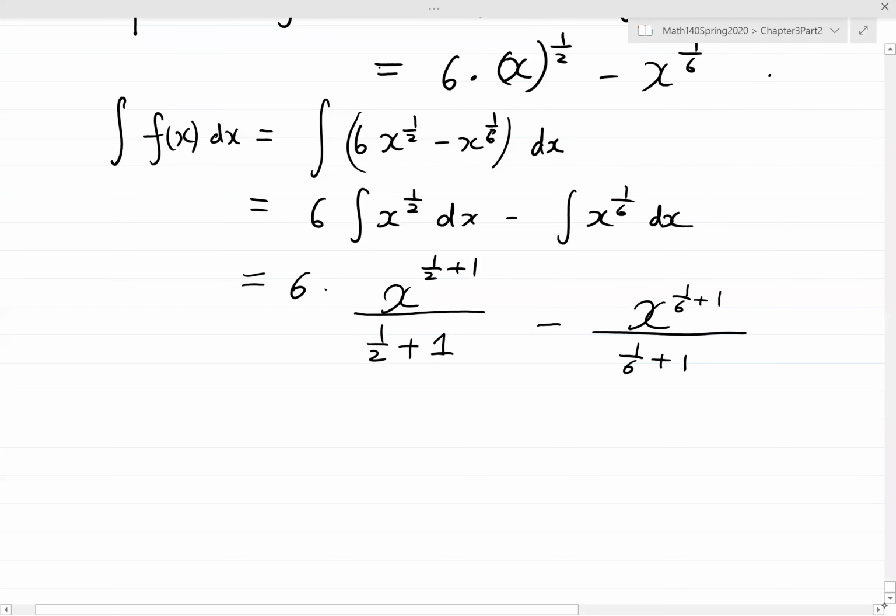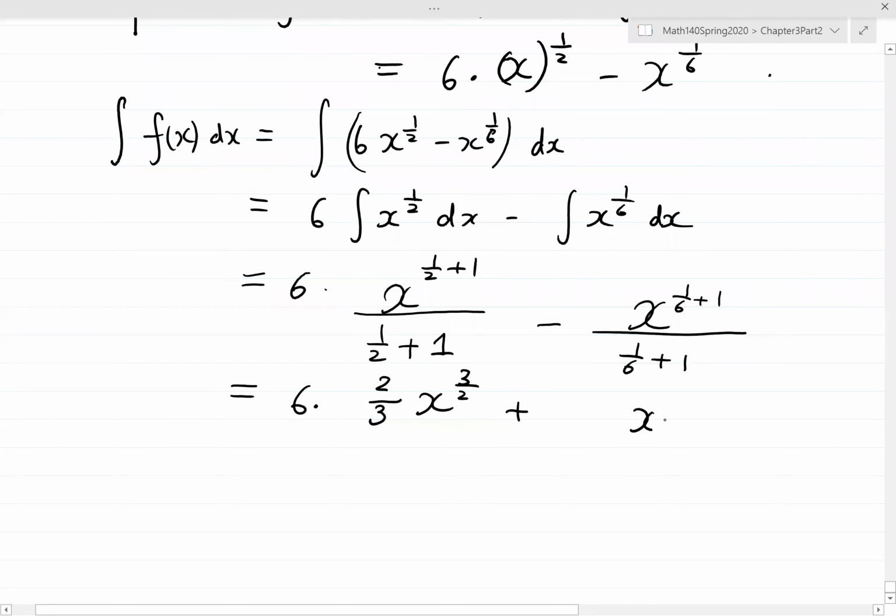Then what we get is 6 times x to the power 3 over 2. Now if you divide by 3 over 2, you flip the denominator with the numerator, so you multiply by 2 over 3.